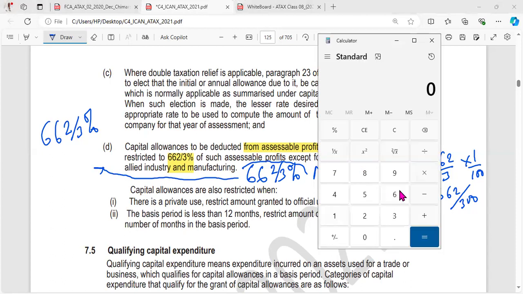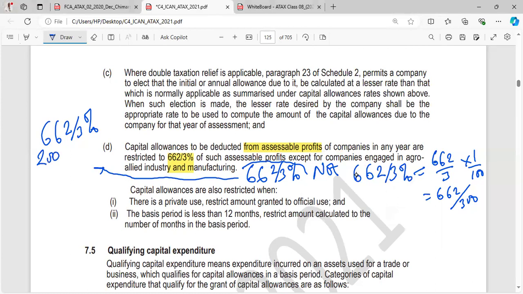66 times 3 will give you 198. Now add 2 to it. 198 plus 2 will give me 200. So this is going to give me 200 all over 3.